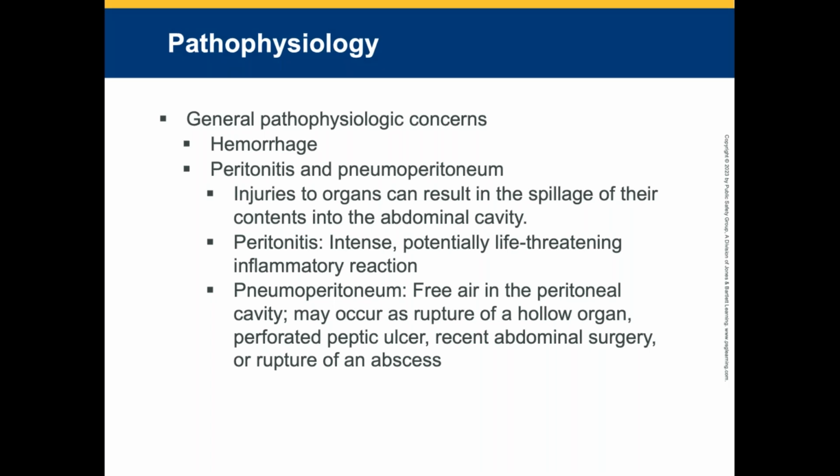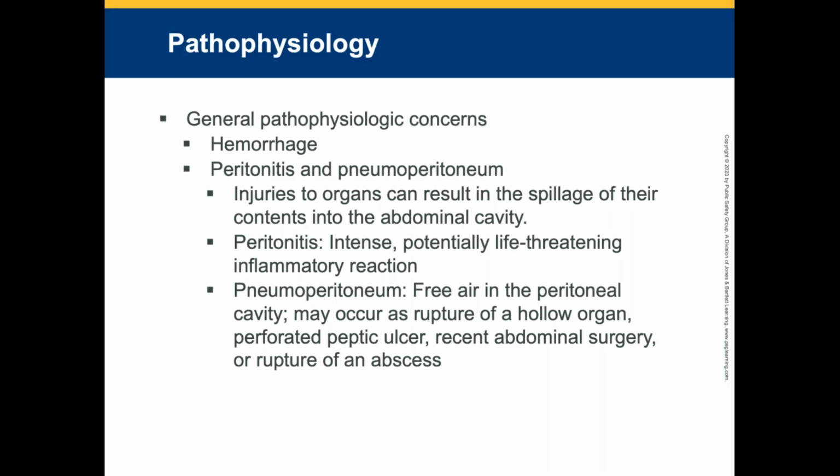The pain in peritonitis is an intense, potentially life-threatening inflammatory reaction where you have inflammation of the peritoneal cavity. The first signs are severe abdominal pain, tenderness, and muscular spasms.